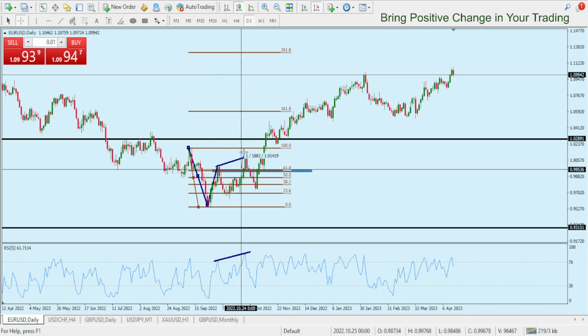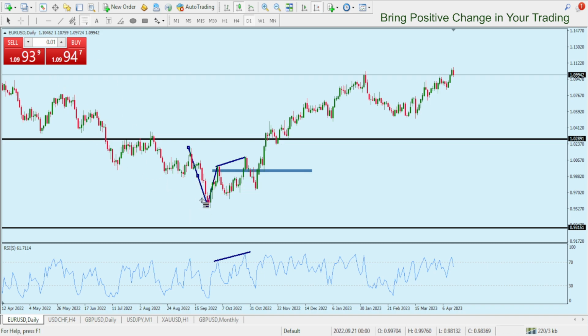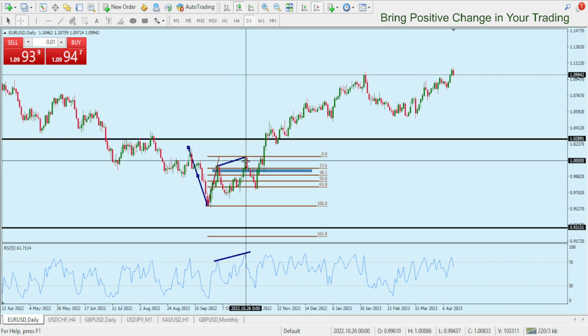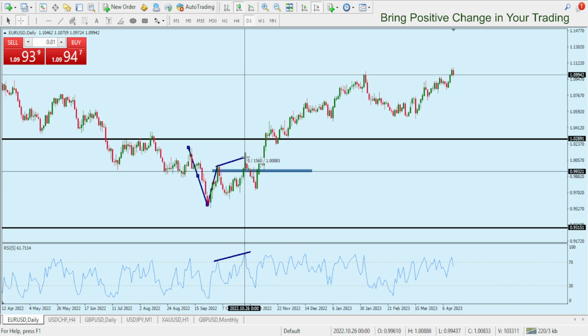But when you get a break above, at this stage what I usually do is, okay, we have got a breakout. Let me tell you one more thing. When the price is going up, you don't have to do anything.